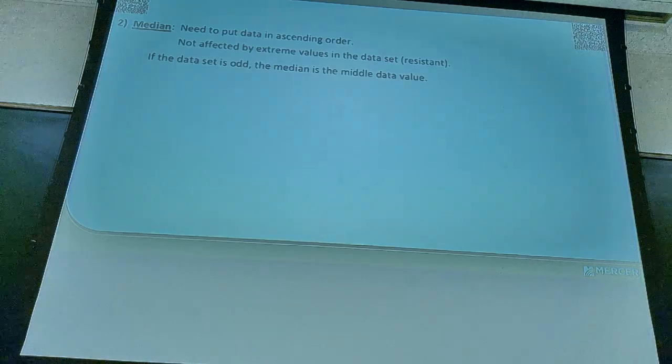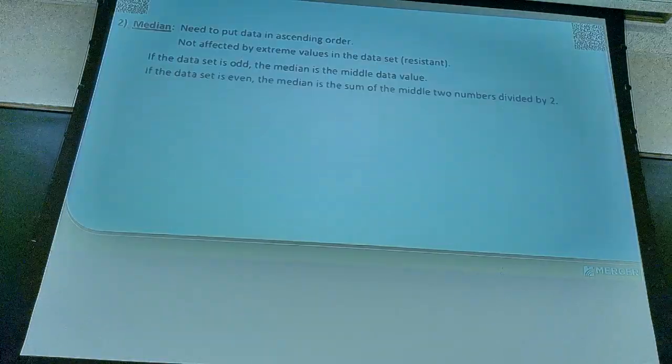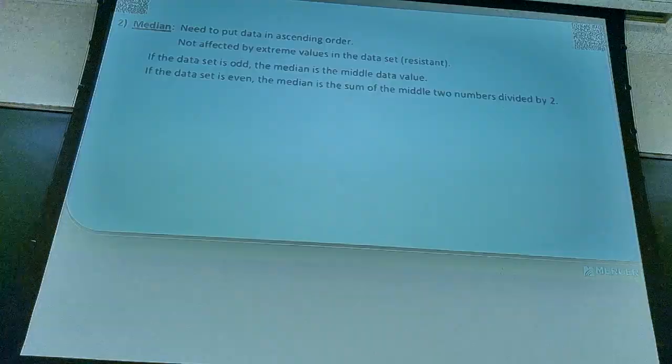If it's odd, it is just the data point that's directly in the middle. If it's even, then you find the average of the middle two data points.